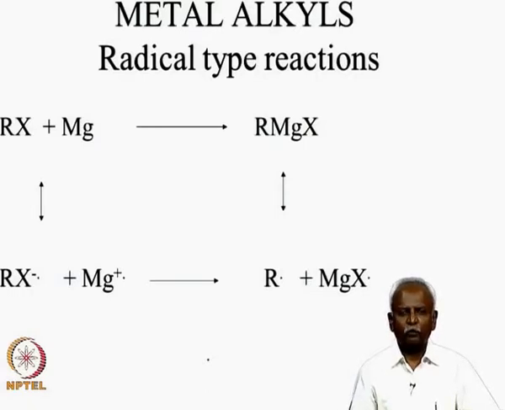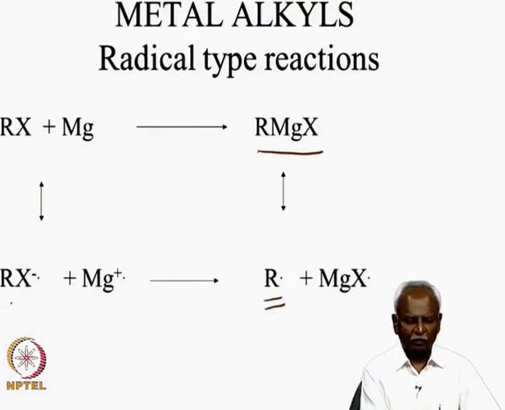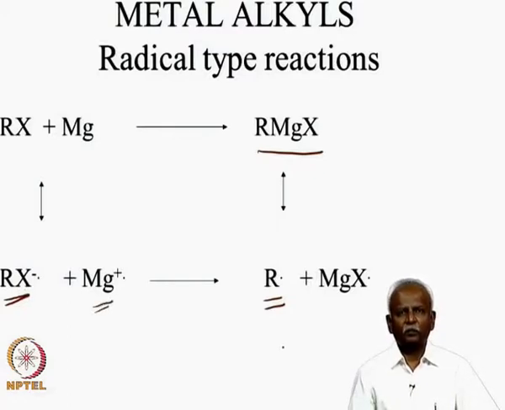RMgX is the usual species that we think about as being present, but it can dissociate or be in equilibrium with a radical species R dot. So, this R dot can accept an electron from MgX and form R minus as well, and Mg plus dot. So, a variety of species can be present in solution.